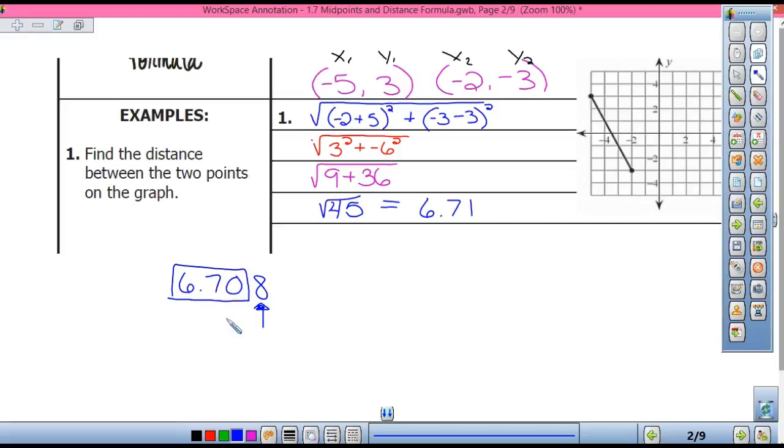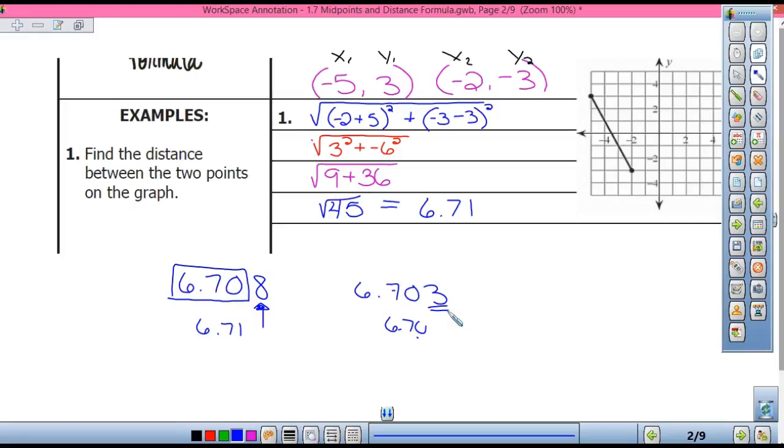That turns into a 1. So this would give us 6.71. If this was 6.703, then it would stay the same as 6.70. This is less than 5. Okay, nice little rounding review, right?